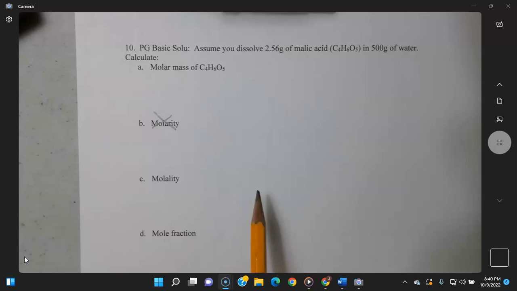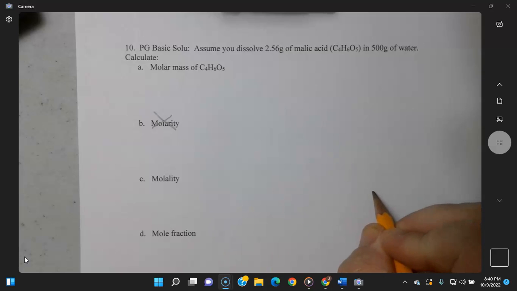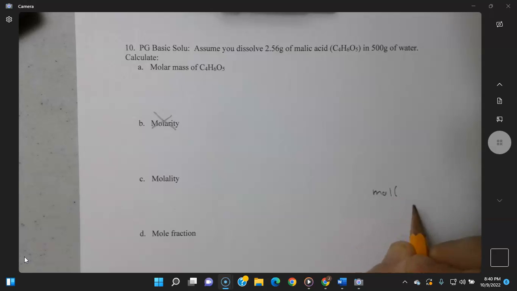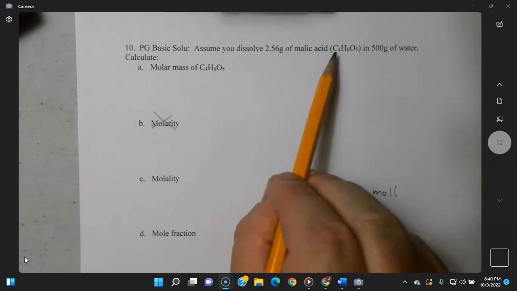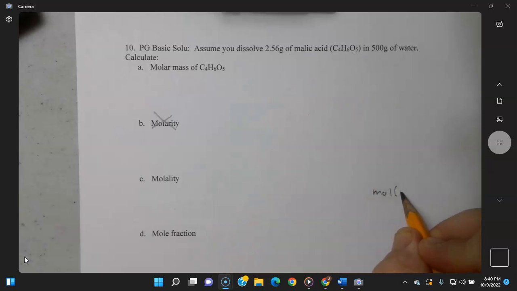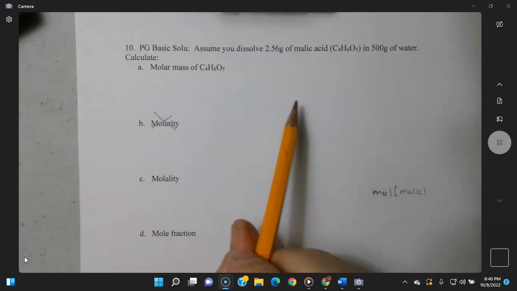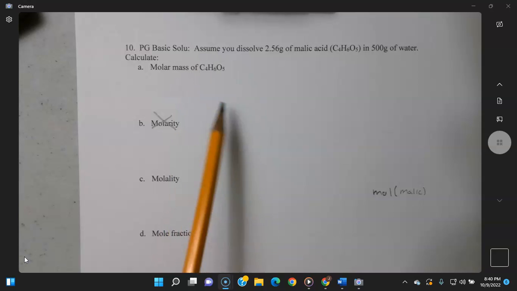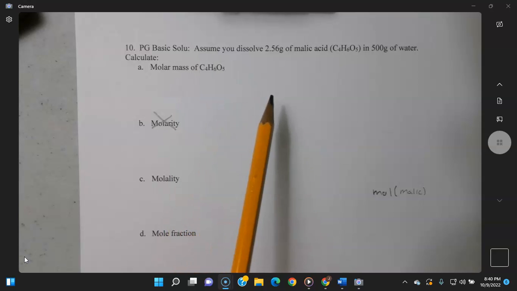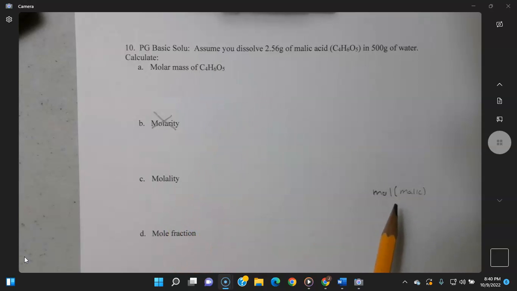Okay, molality. Just write down what molality is. It's moles of solute, and in this case the solute is malic acid. Now we don't know moles of malic acid, we know grams, and you're going to figure out the molar mass, so using that you can figure out moles of malic acid.